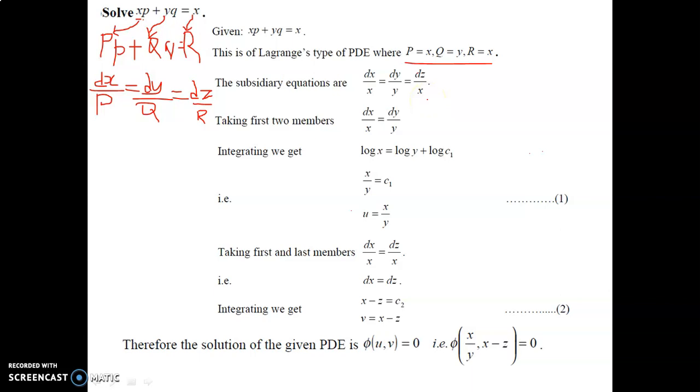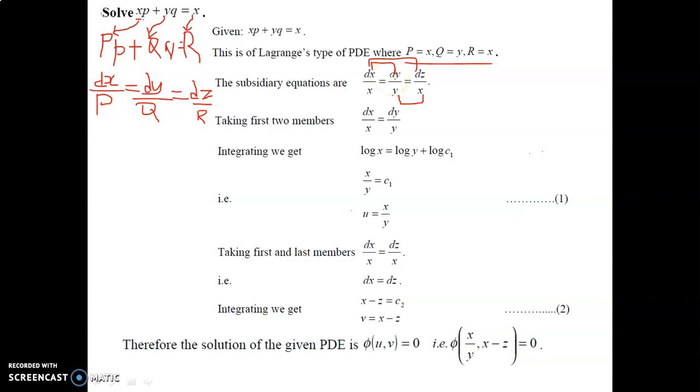This is your second step. The third step is that we need to take any two ratios among these three. I may go with dx by x equal to dy by y, some may go with dy by y equal to dz by x, or with dz by x equal to dx by x. There are three ratios involved.